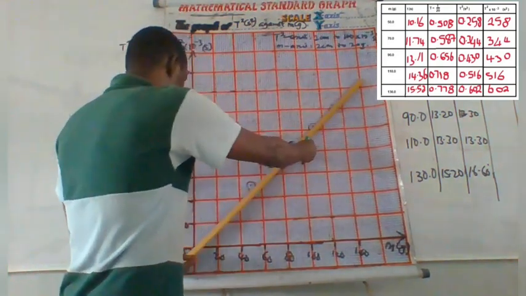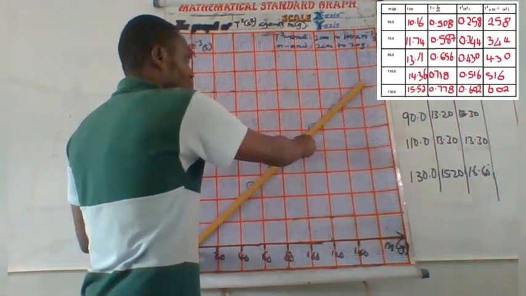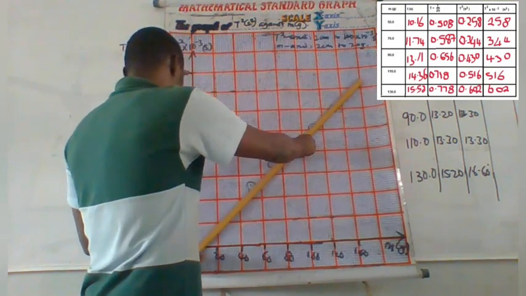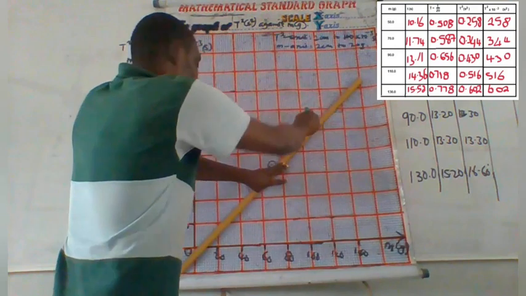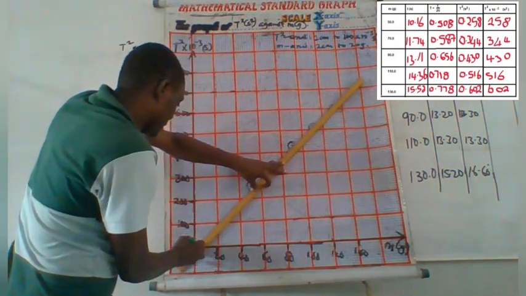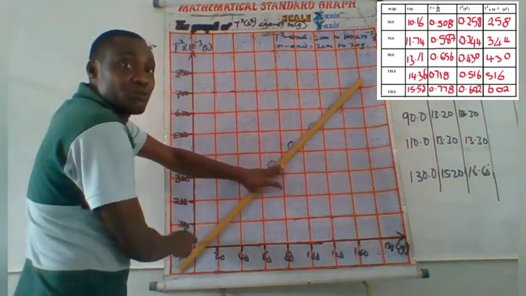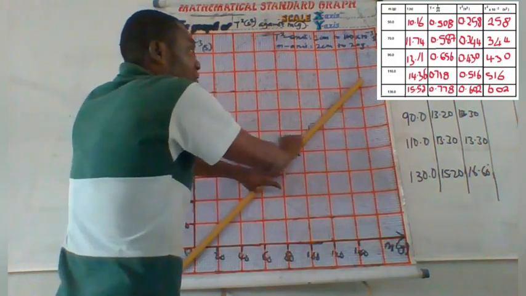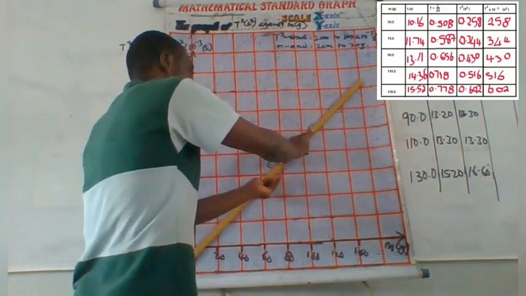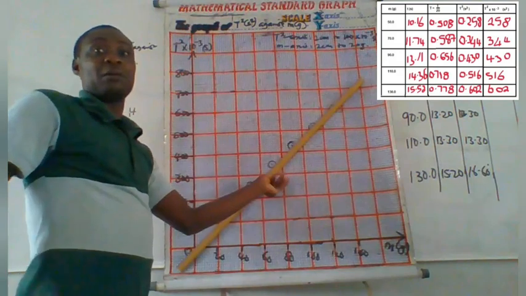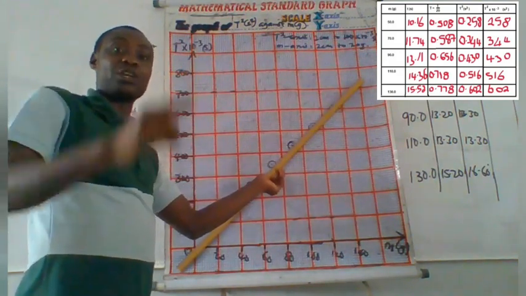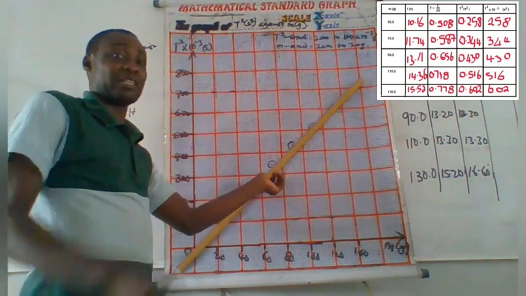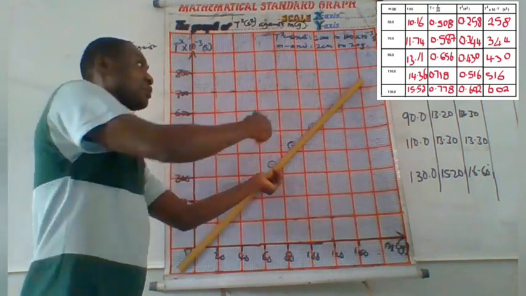So this is how I want to draw mine through the center. So I'm drawing it through this from the origin. But remember, you are not drawing from the origin. You always take your line of entry. But like I explained earlier, because my results are very, very accurate, I can draw the line of best fit through the origin, through the circles.